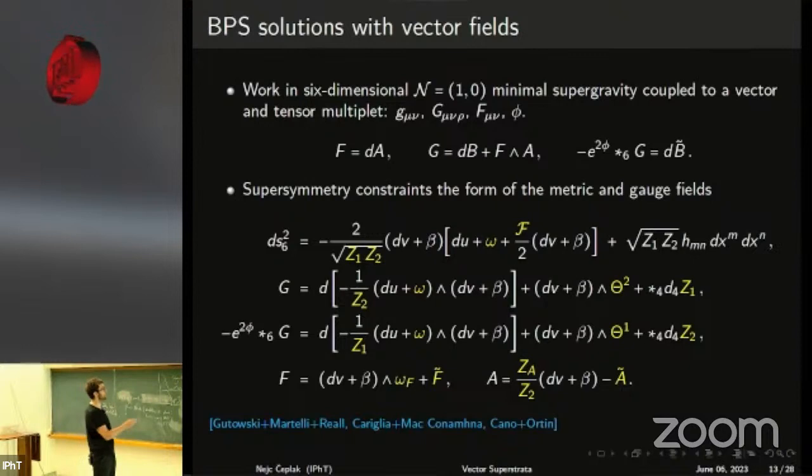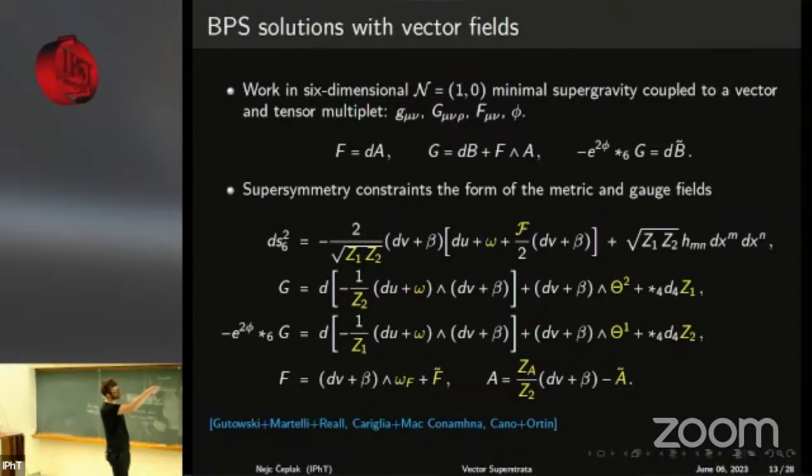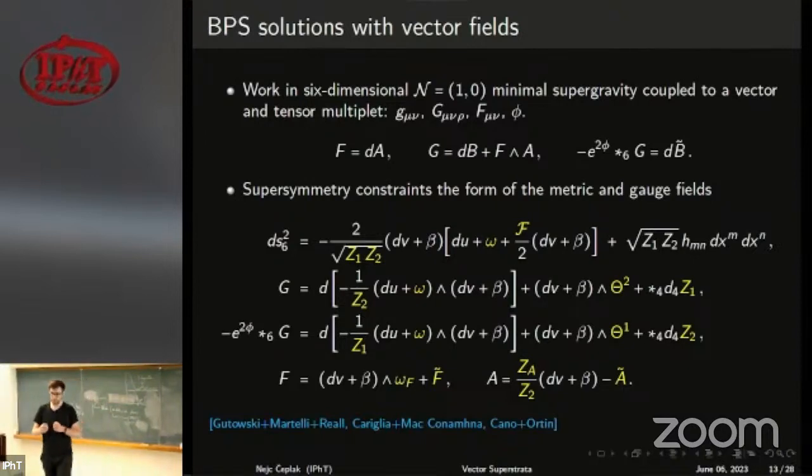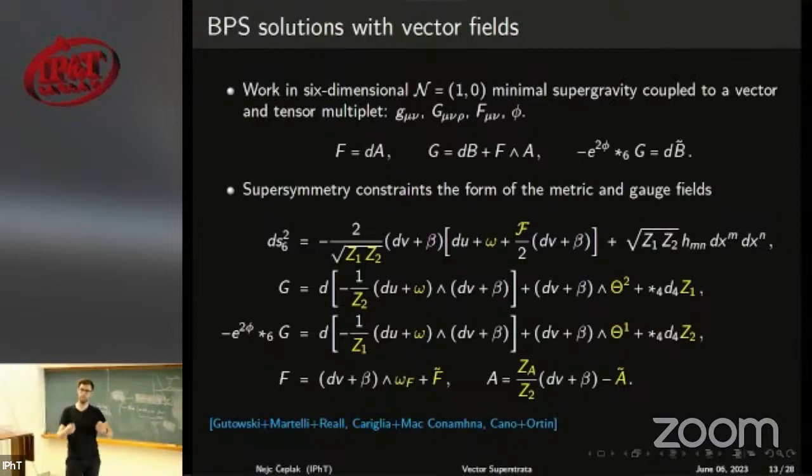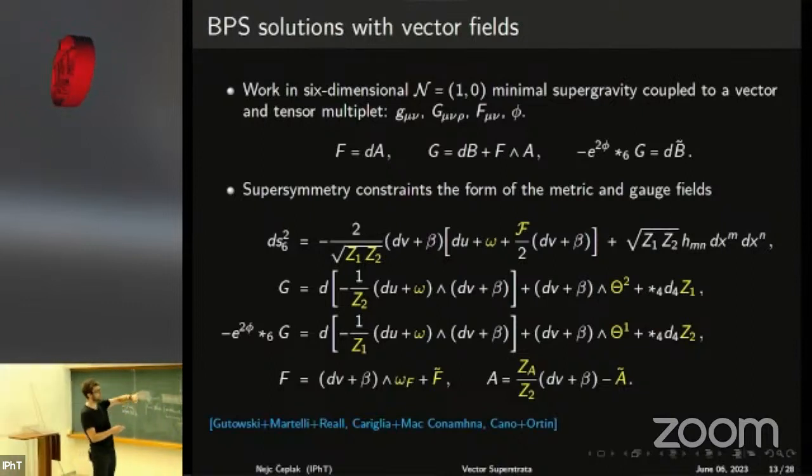What has been shown is that you can analyze your supersymmetric configurations, your BPS configurations, and decompose them in such a way that your BPS equations become linear and upper triangular. So if you solve them in a very particular way, you're just basically solving Laplace equations. And so this is the BPS ansatz.